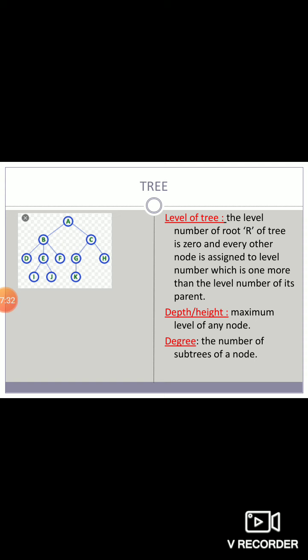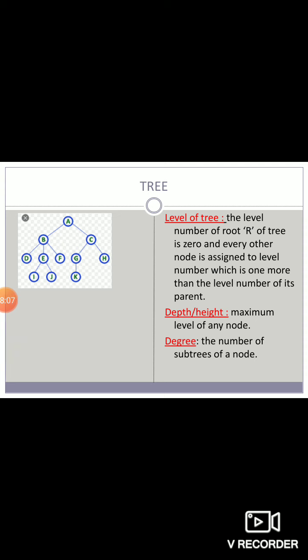Next is the definition of depth or height. Depth and height are based on the maximum level of any node. If the root is at level 0, then the depth or height of the tree is 1 plus the largest level number.